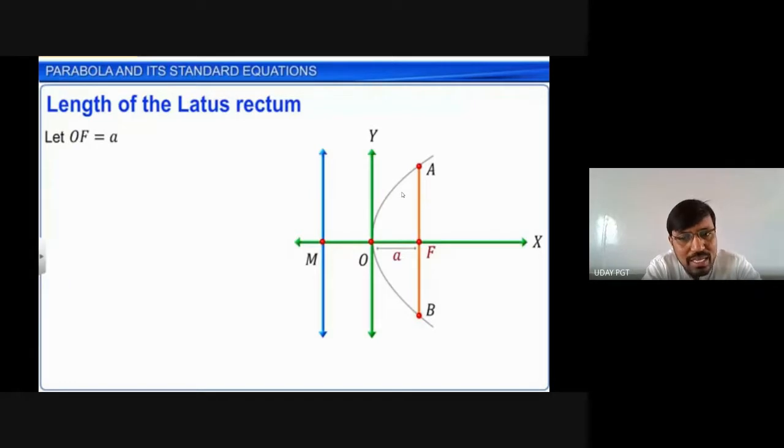Then we call it the latus rectum. And to calculate the latus rectum, the FM length will be equal to 2a.